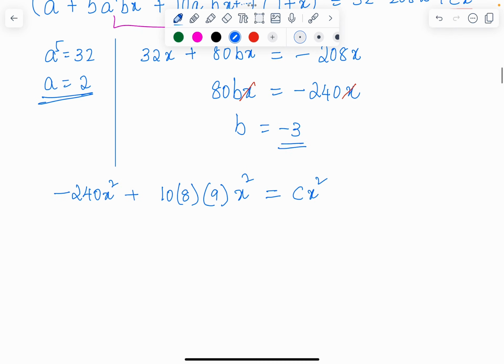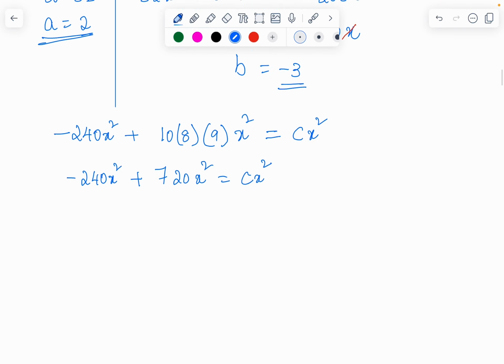So basically we need to find what c is. I'm going to simplify this further. Plus 10 times 8 is 80. 80 times 9 is 720x^2, equal to cx^2. Let me add these terms since they are like terms. This gives me 480x^2 equal to cx^2.